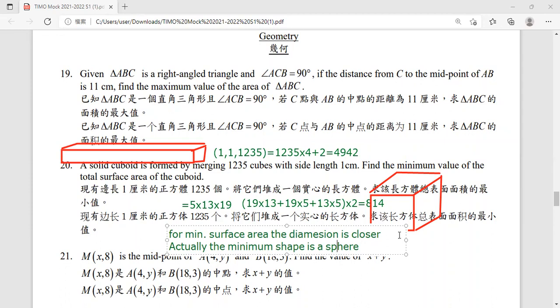Yes, as close as possible. Yes, as close as possible. Okay. For maximum, you make one of the dimensions very large, and then you get the maximum area. Okay. So the answer for this question is 814.